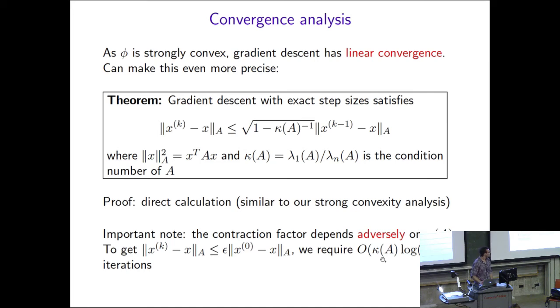If the ratio of the largest to smallest singular values is large, say in the thousands, this multiplies the cost by a lot. So for poorly conditioned linear systems, order kappa log 1 over epsilon could be a lot of iterations because kappa could be very large.